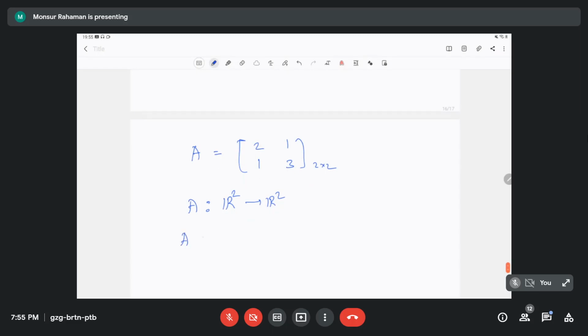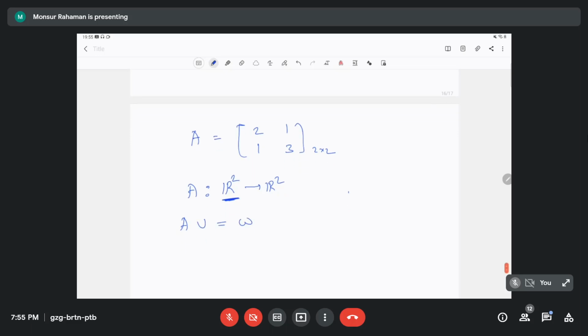And how is this possible? Because I told you, any vector you can think as a column. So Av will be another vector w from R2.